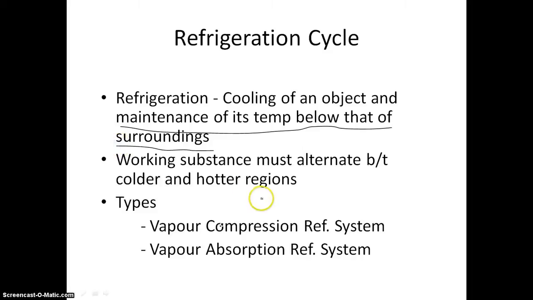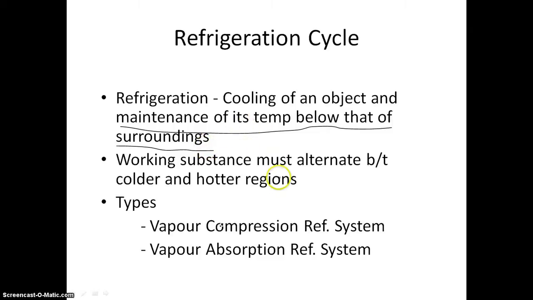But in air conditioning, according to the atmospheric temperature, we may need to heat the room, or we may need to cool the room, and also we need to control the humidity, air velocity, and air purity. So these are all the factors required in air conditioning, but in refrigeration we need to maintain the temperature below that of surroundings.